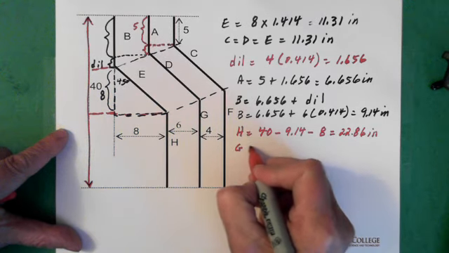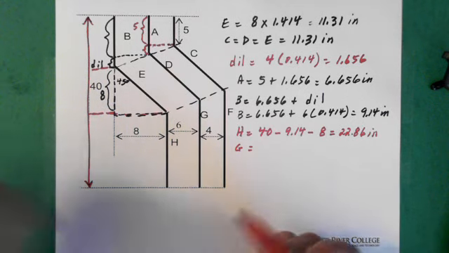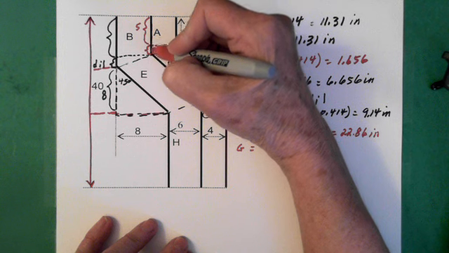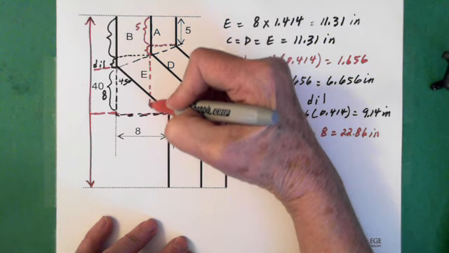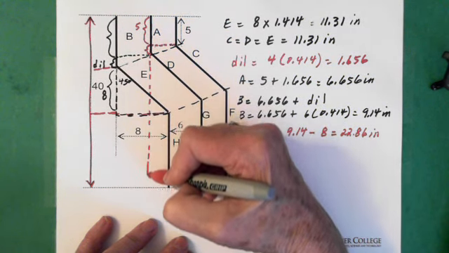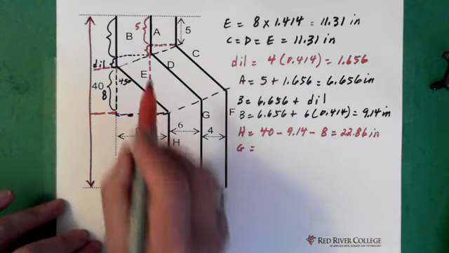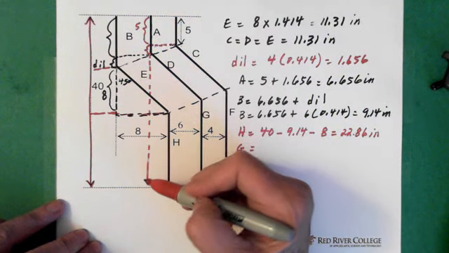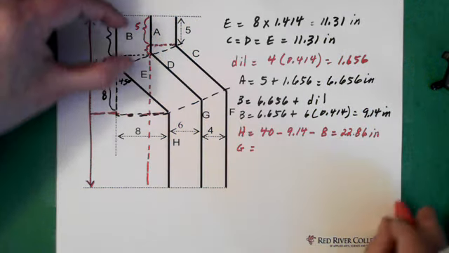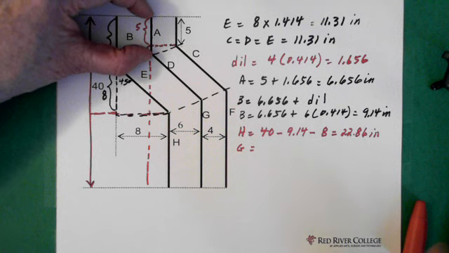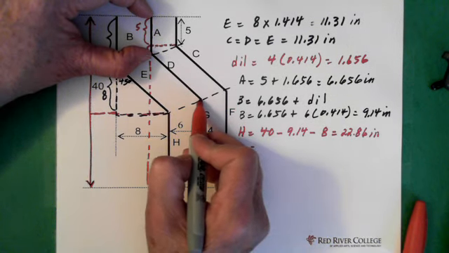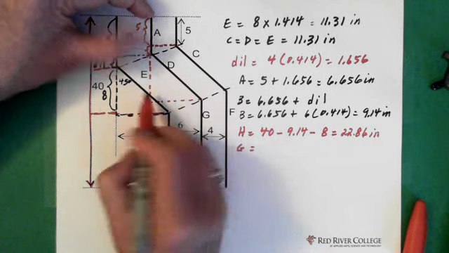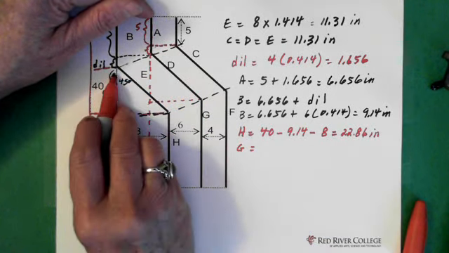Now we can solve for G, all right? So G equals, now using the same process, sometimes it's a little harder to see because we're here, but if we draw a line straight down here, all the way down, okay, we can see that, and again, remembering that this total distance is 40, we can see that this distance is the distance of A. We can see that this is just the same as this, right?